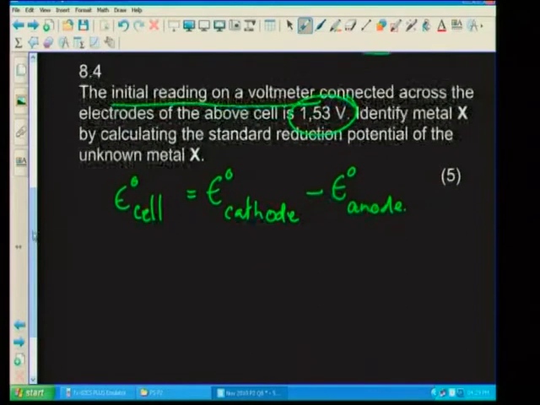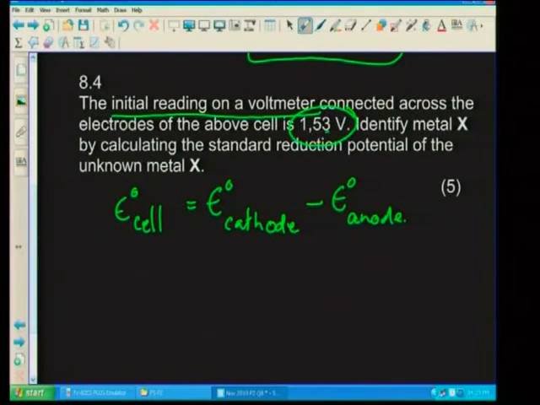And they told us in the beginning over here that the potential difference for my cell is 1,53 volts. Now, if you look at your standard reduction potential table, depending on what your teacher taught you at school, you would either use table 4A or 4B. And on that table, you look for lead.